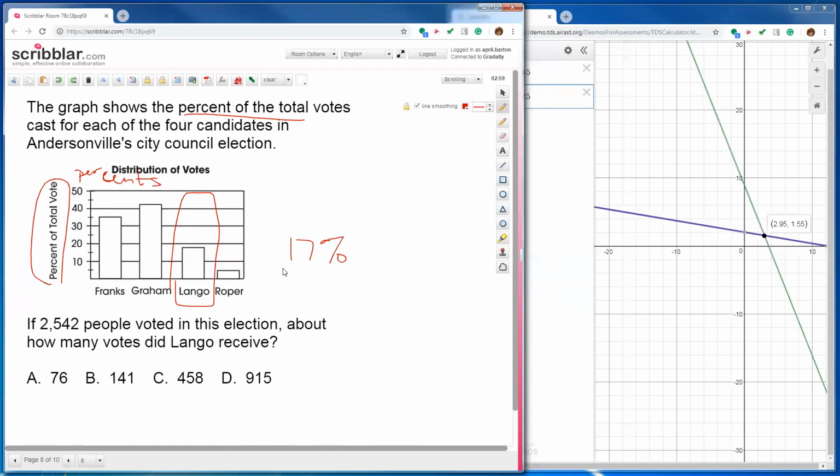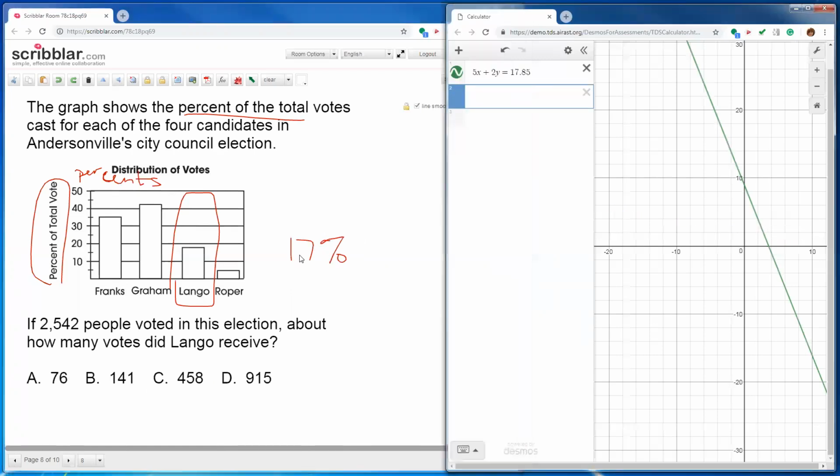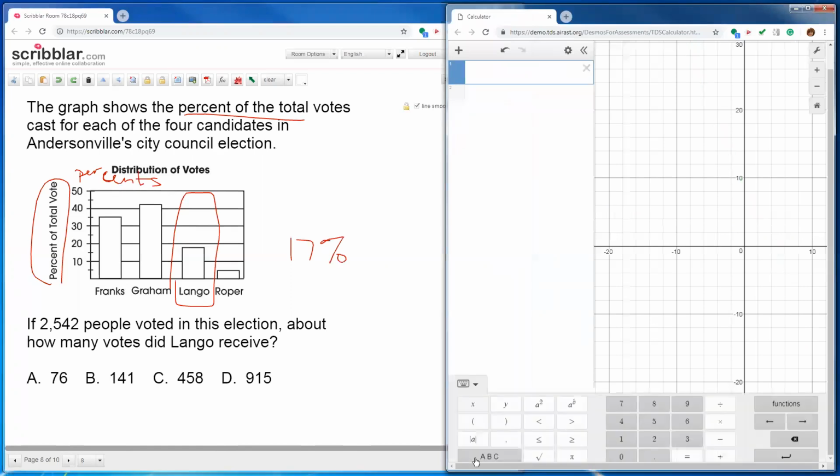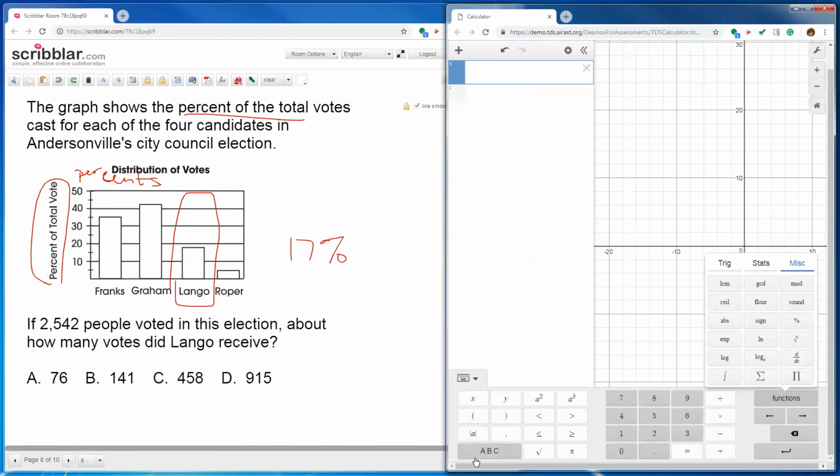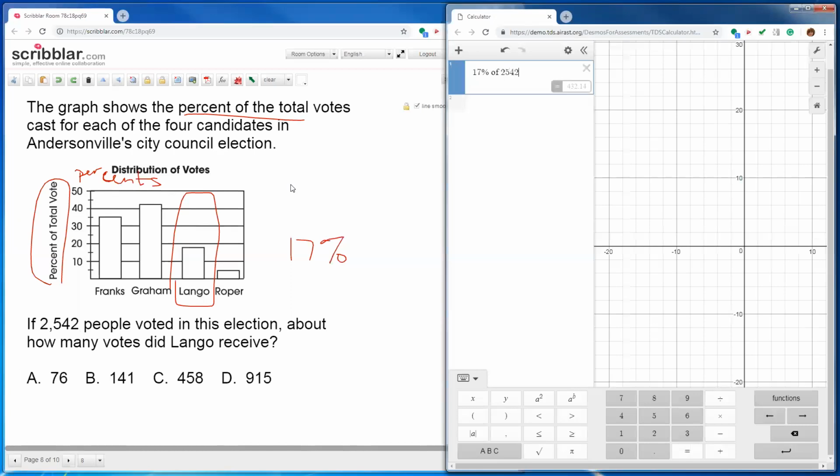So let's only use the calculator this time. Instead of converting it to a decimal, let's go to the calculator function in miscellaneous, and go to the percent button. We want to find 17% of the 2,542 people.